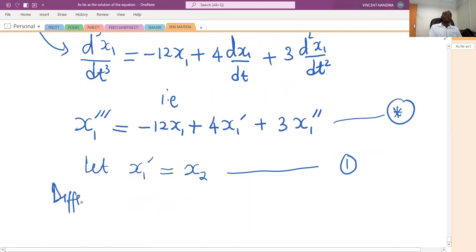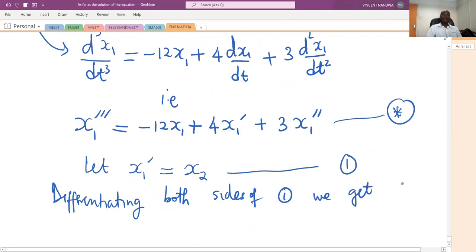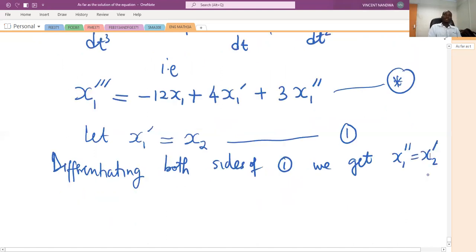Differentiating both sides of 1, we get x1 double prime, because this is already prime, which is the same as x2 prime. Now we also let x2 prime be another new variable, x3, and call this one equation 2.